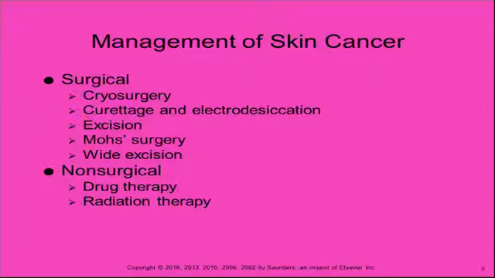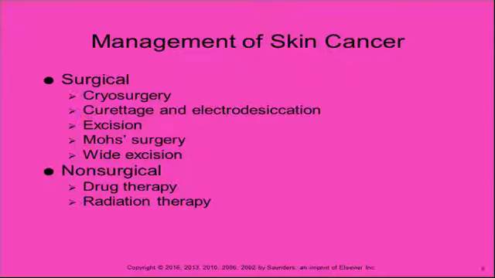Wide excision is where you do really deep skin resections for really wide and deep skin cancers. A lot of times it goes into the full thickness of the skin, and depending upon how deep that tumor is, you may also have lymph nodes removed.